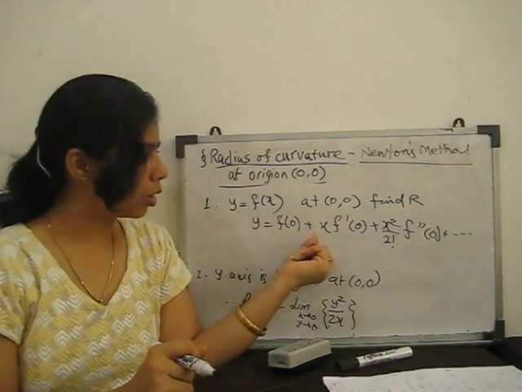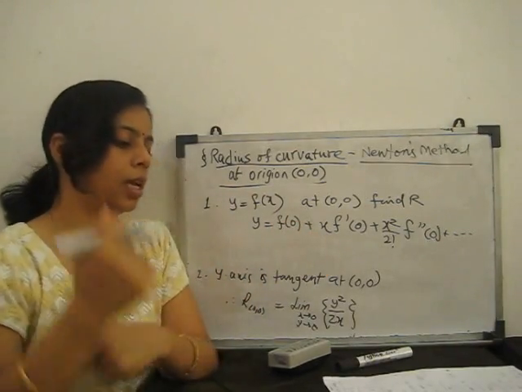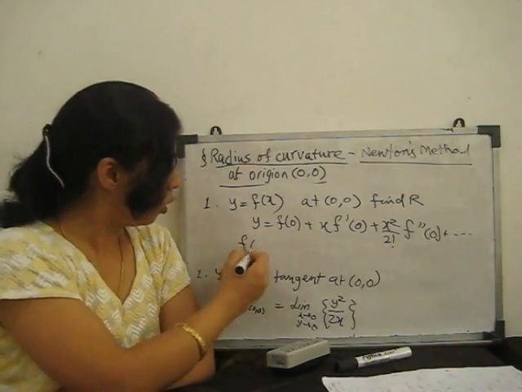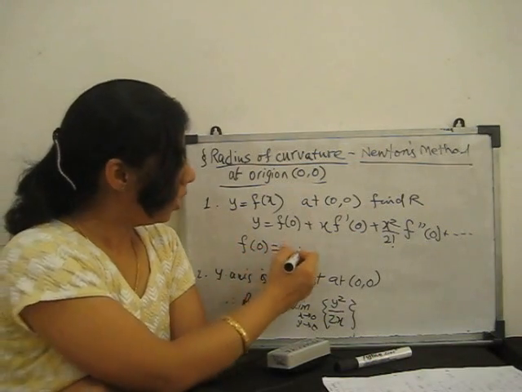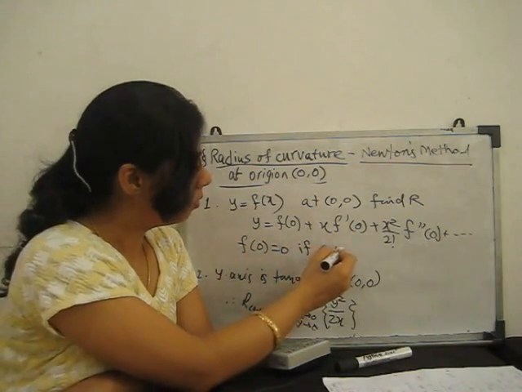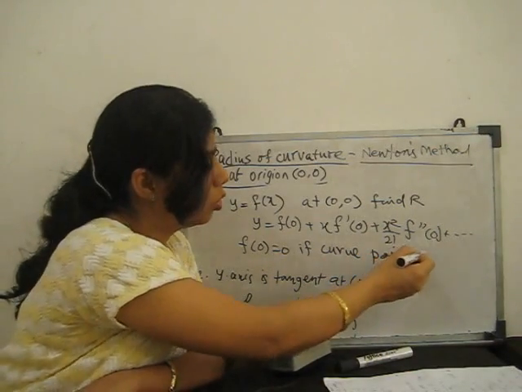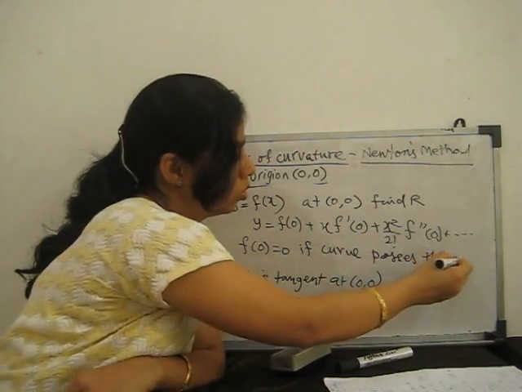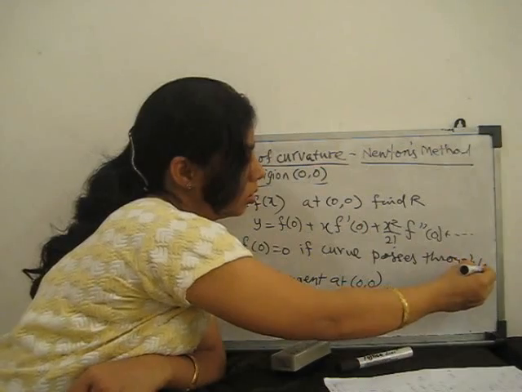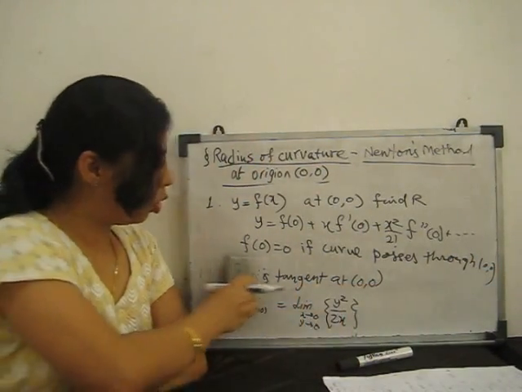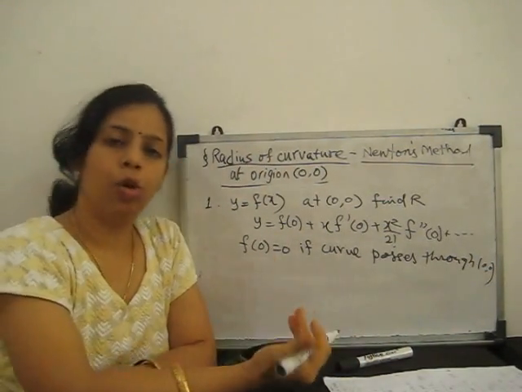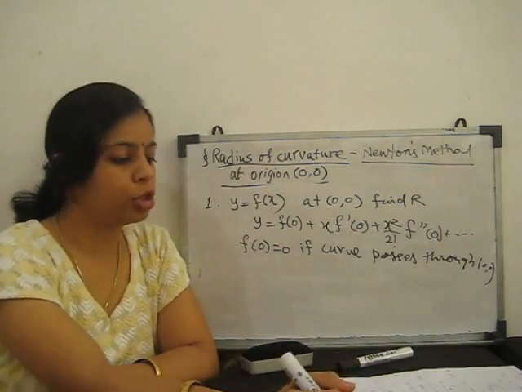With the help of the Maclaurin expansion, we can say f(0) is 0 if the curve passes through the origin. If the curve passes through the origin, then f(0) definitely satisfies f(0) is 0.